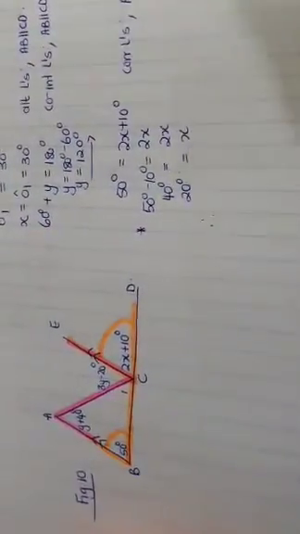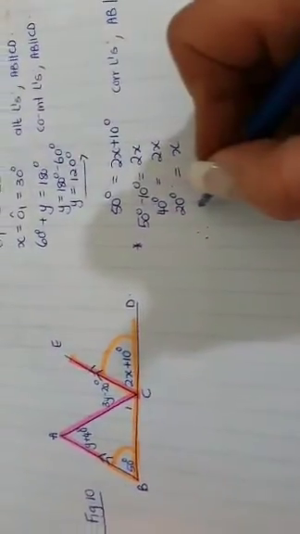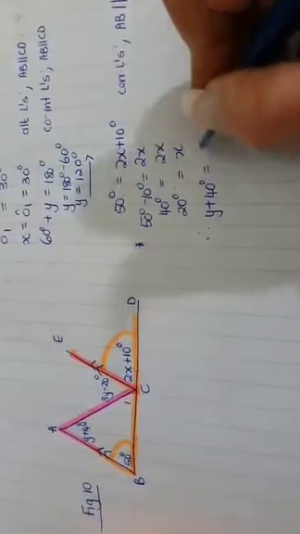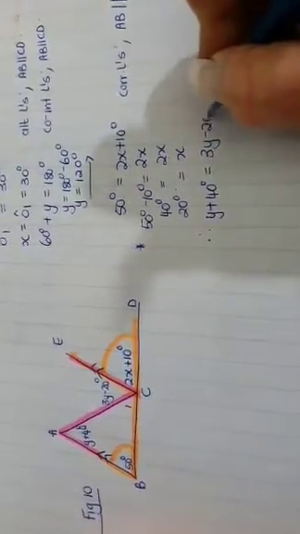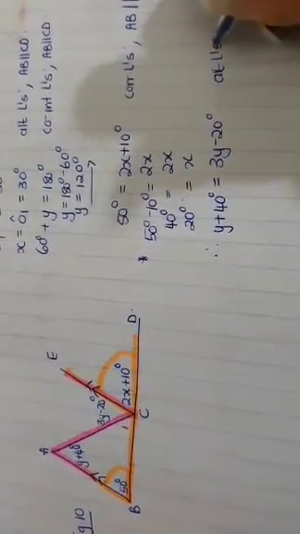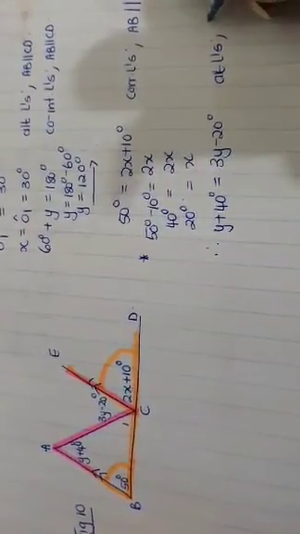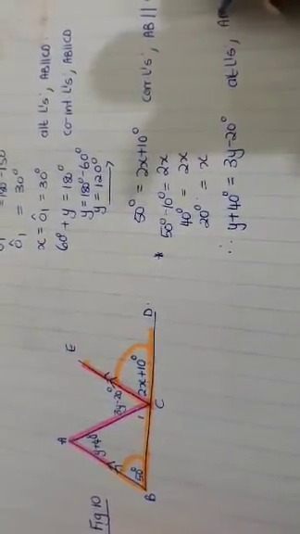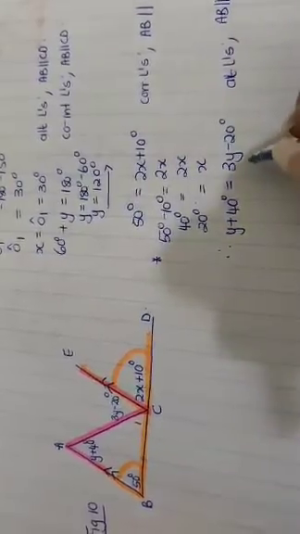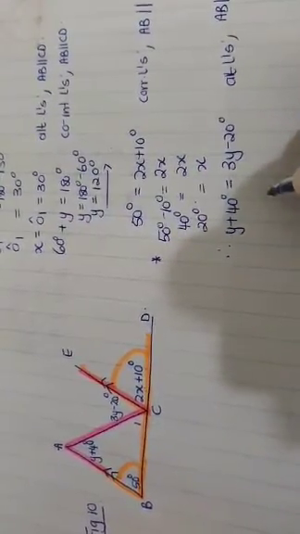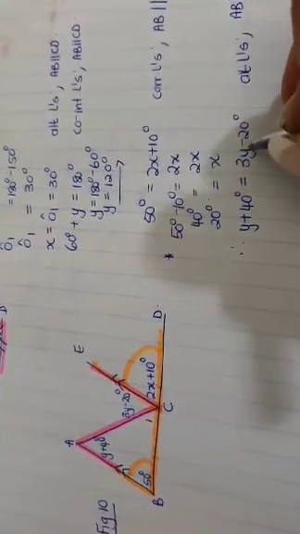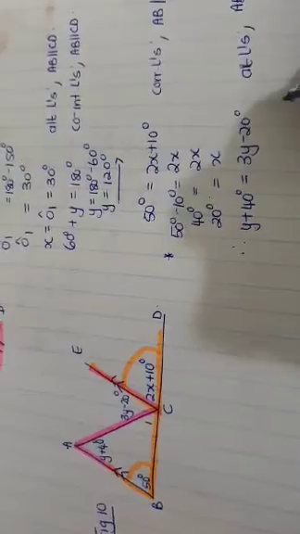So in your setting out now, you will say that y plus 40 equals 3y minus 20. Why am I making that statement? Alternate angles equal, because AB is parallel to CE. Now your goal is to bring your like terms together. So I can take y to this side, or I can take 3y to that side, it really doesn't make a difference.